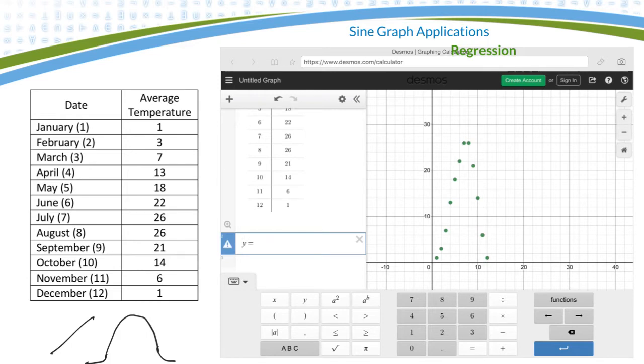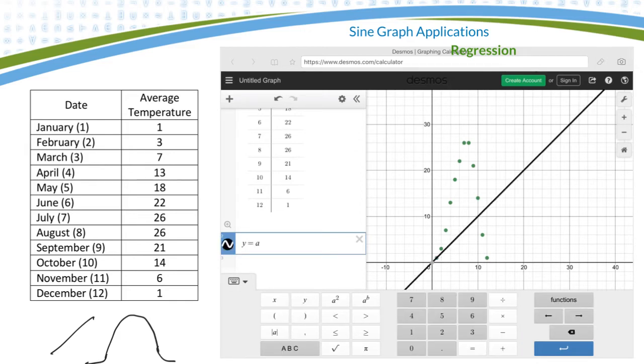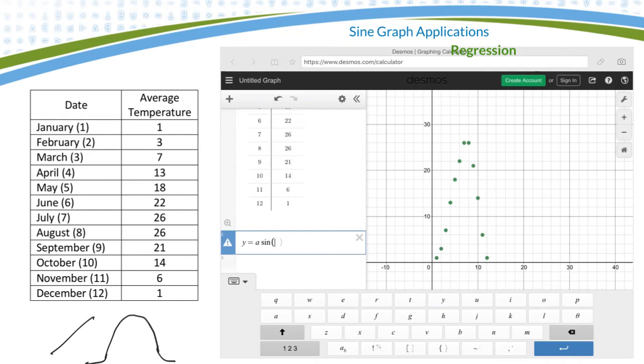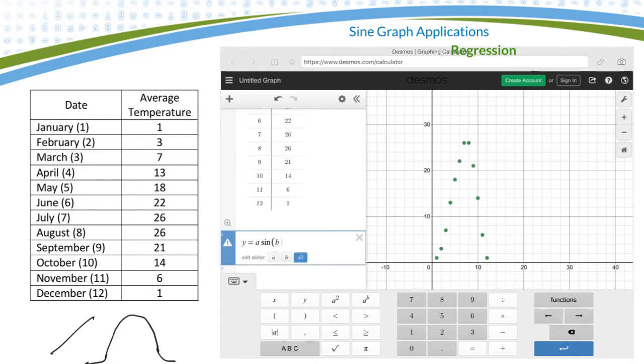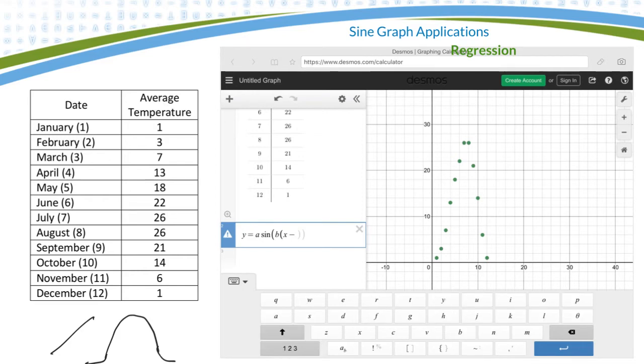So y is equal to a, and then functions, I need sine, and then I need to put a b here, b, and you'll type this out a few times today, then put a bracket, and then here I want to go x minus, and then here, because it's in brackets, I'm going to put this as c divided by b.